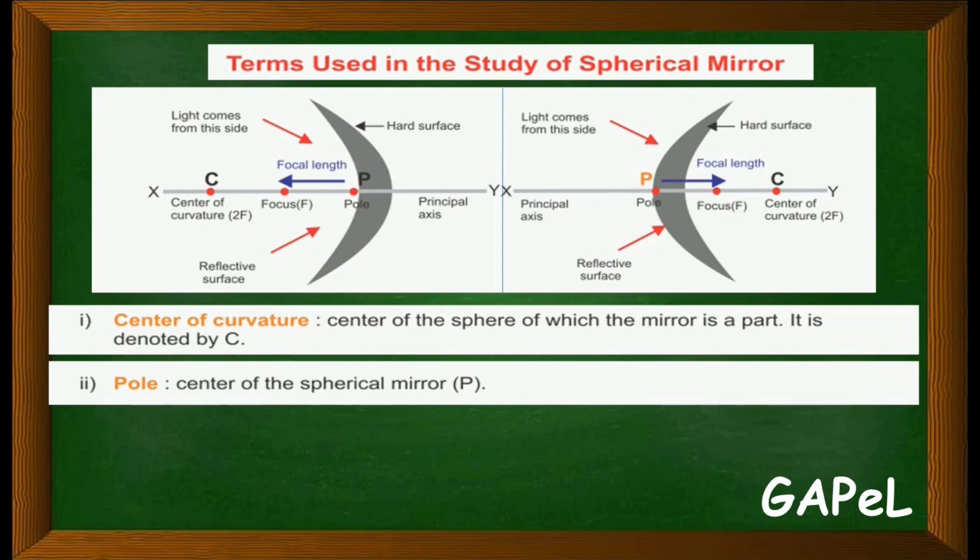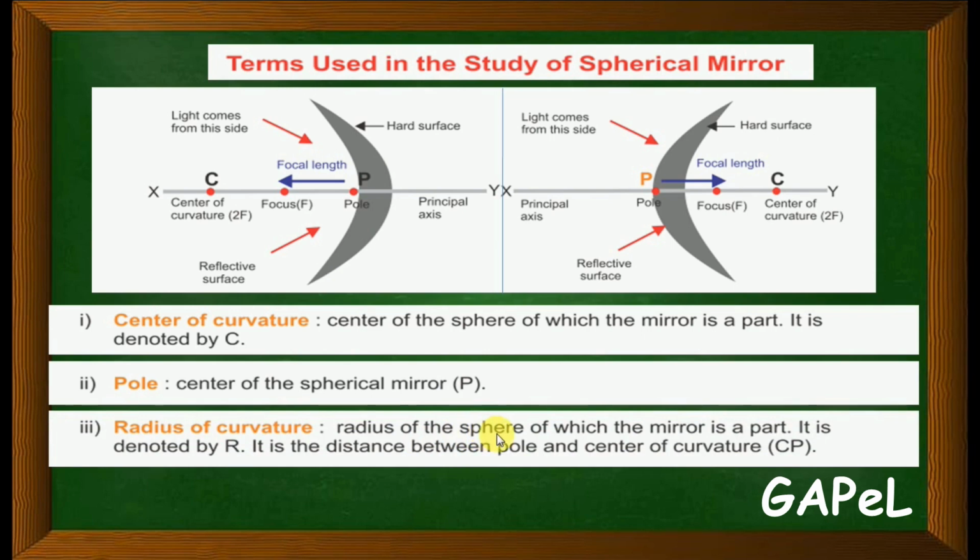The third point is the radius of curvature. What is the meaning of radius of curvature? It is the radius of the sphere of which the mirror is a part. It is denoted by r and it is the distance between the pole and the center of curvature.